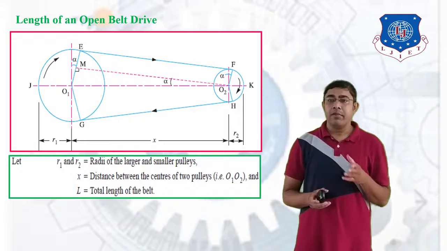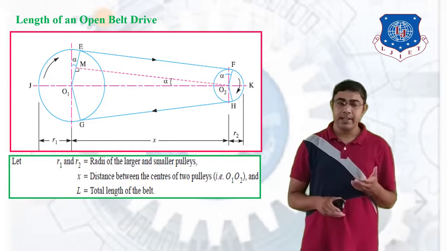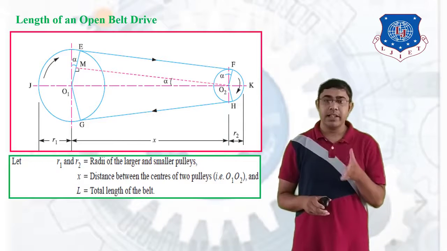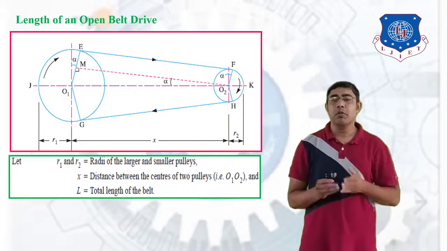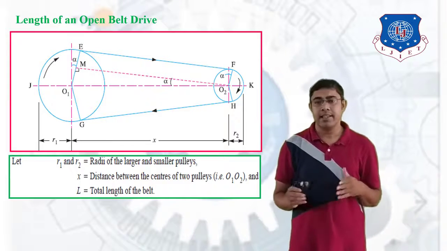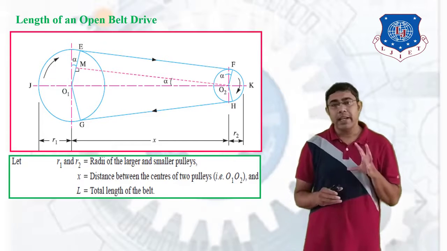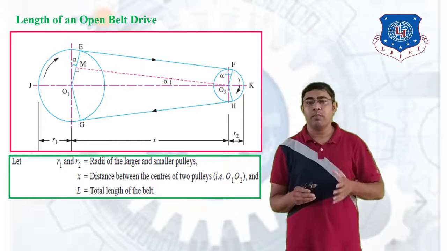R1 and R2 are the radii of the larger and smaller pulleys, and X is the distance between the centers of the two pulleys, that is O1 and O2. So the O1O2 distance is X, and L is the length of the belt. Our aim is to derive the equation of the length of belt for the open belt drive system.